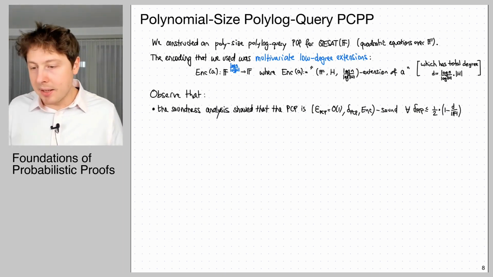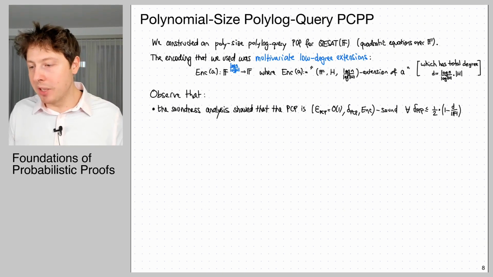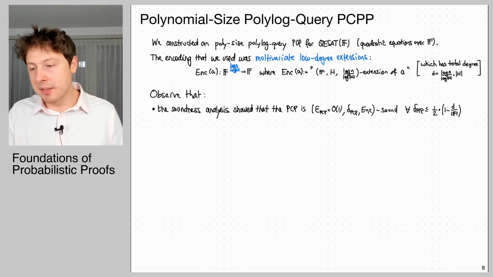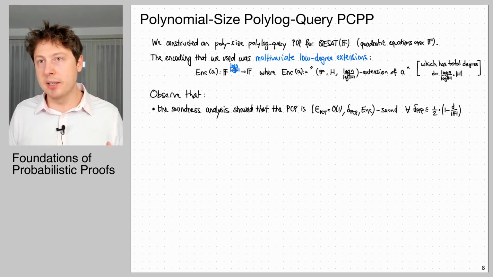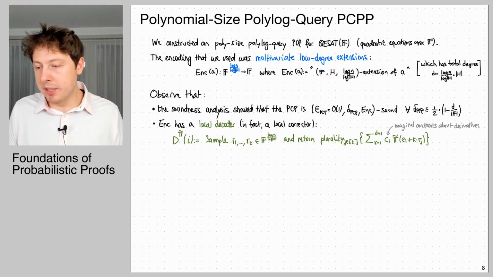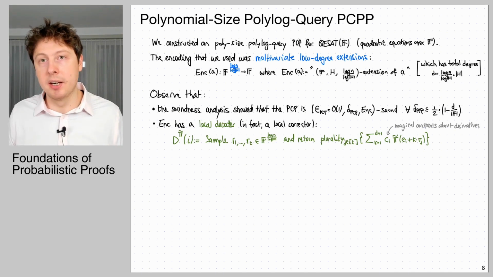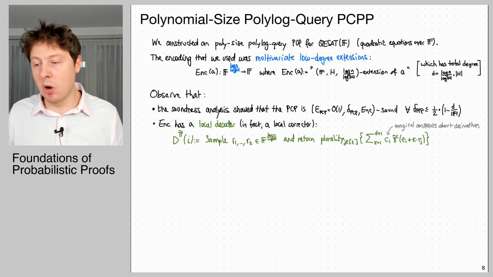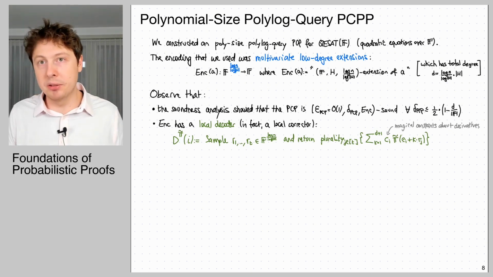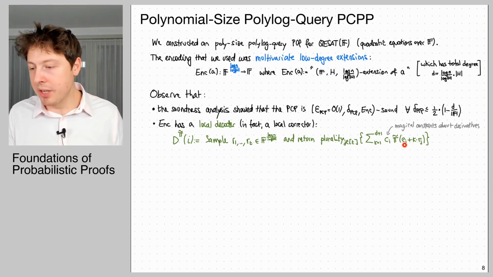And again, the analysis showed that we had this 2-part PCP such that, if you're above a certain threshold, it means that the first part of the PCP was some noisy encoding of a valid witness, okay? And also we have a local decoder. This is something that you've seen in your homework. One way of doing it is you have these magical constants related to derivatives. You look at the location you're interested in.